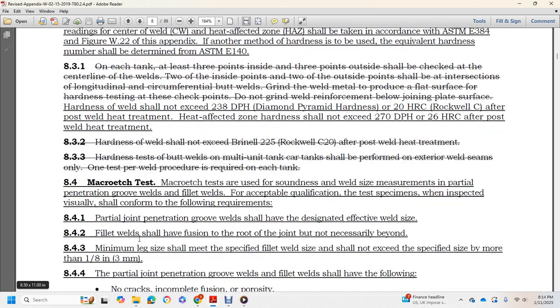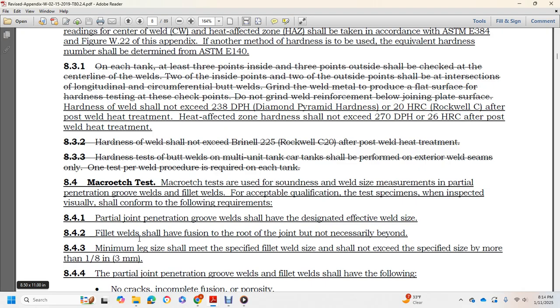Macro etch tests are used for soundness, weld size measurement, partial penetration grooves, and fillet welds. Acceptable qualification test specimens, when inspected visually, shall conform to the following requirements. Partial joint penetration groove welds should have the designated effective weld size. Fillet welds should have fusion at the root of the joint, but not necessarily beyond.